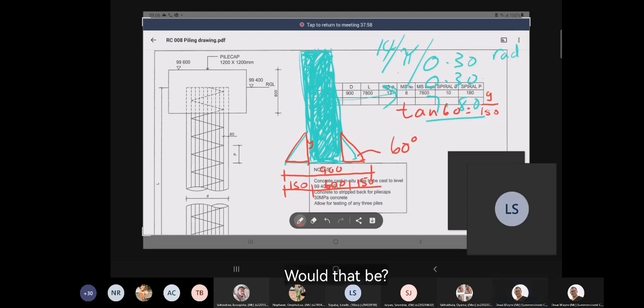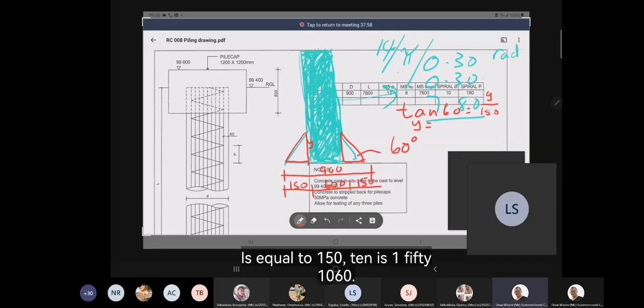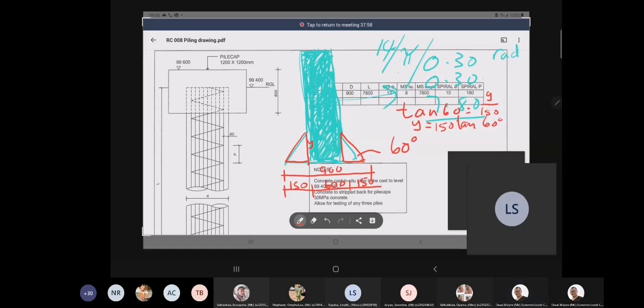what does that mean? That means that y is equal to 150 tan 60.